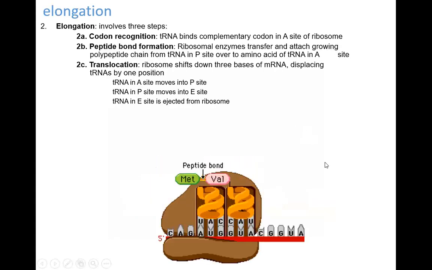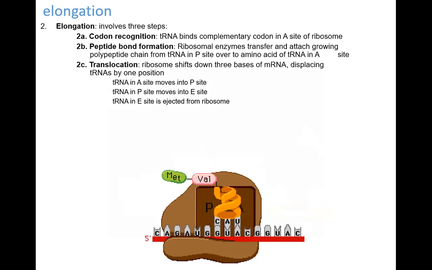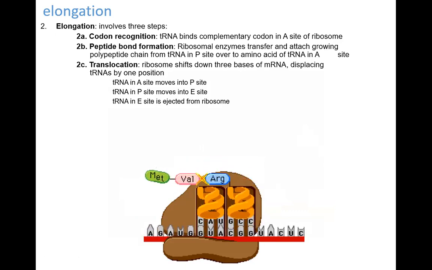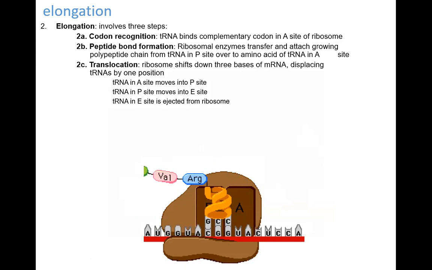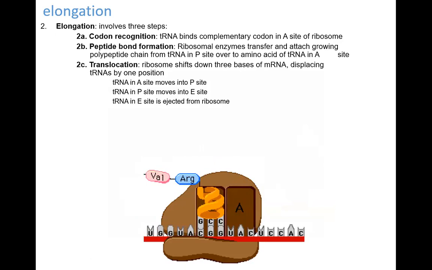So this elongation process, the ribosome just continues to slide down across the messenger RNA. We're going to keep doing this. And the reason it slides down is so that the old transfer RNA can now be kicked out and a new one can come in. And we continue this process until we get to the stop codon.